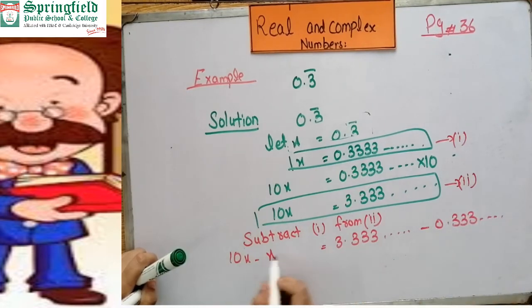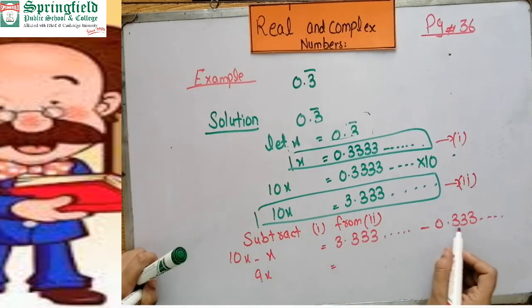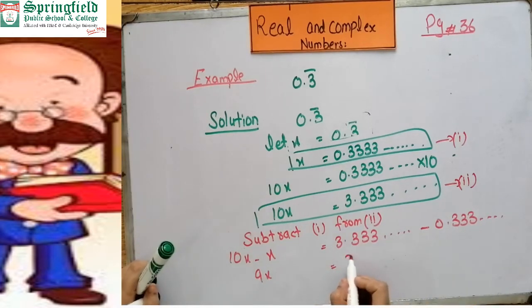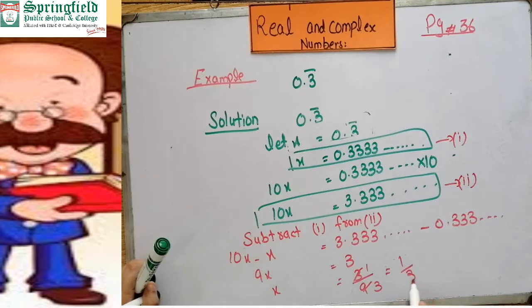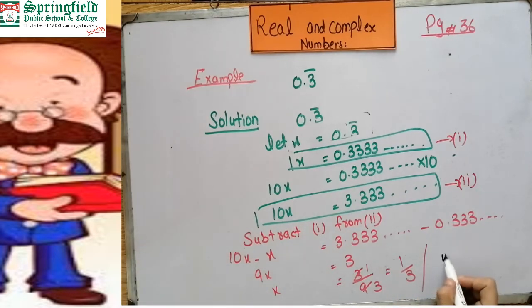So 10x minus x is 9x, and when we subtract 0.333 from this number, we obtain just 3. Then 3 and 9 will divide on the other side. 3 ones are 3, 3 threes are 9, 1 by 3. This is the value of x. x is equal to 1 by 3.